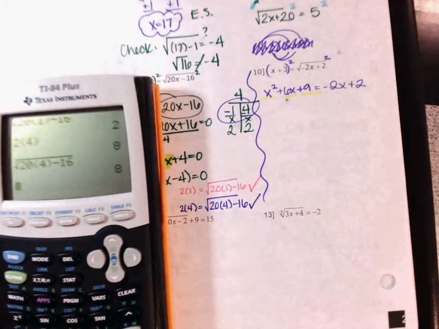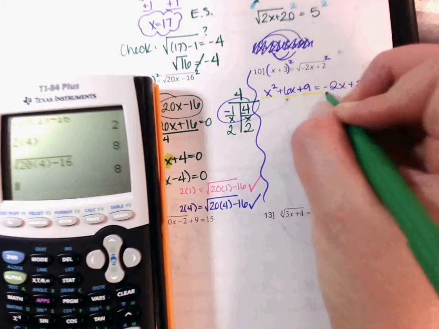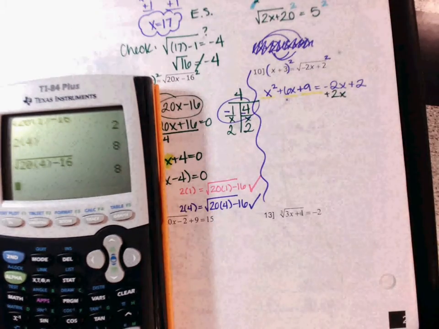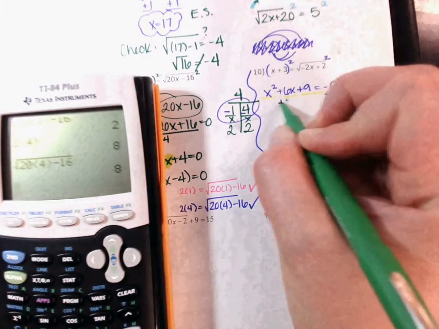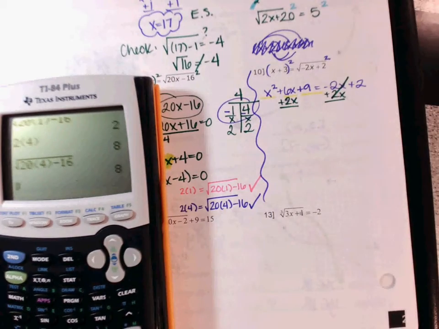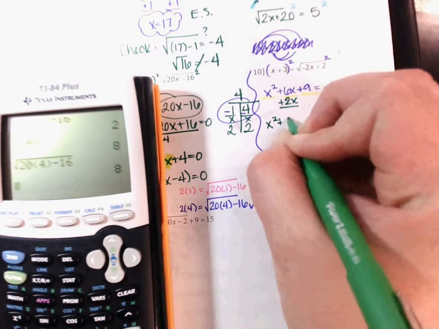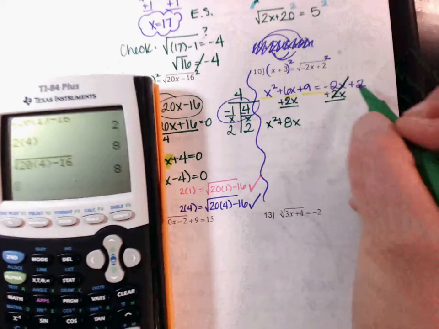From here, got to get all my guys together. Who's moving? Negative 2x needs to become a plus 2x. Who do I line it up under? The 6x. Remember, you have to put your like terms together. So it used to be x squared plus 6x. Now it's x squared plus 8x. Then I have this plus 2.